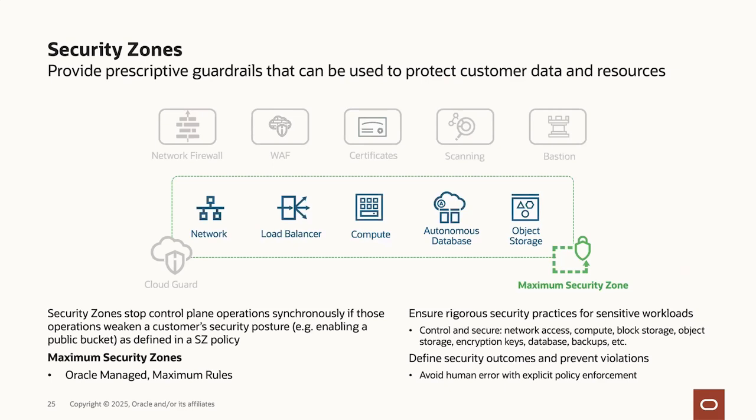So the first service here that we'll take a look at, aside from CloudGuard, is security zones. So security zones provide preventative guardrails that can be set up on a compartment.